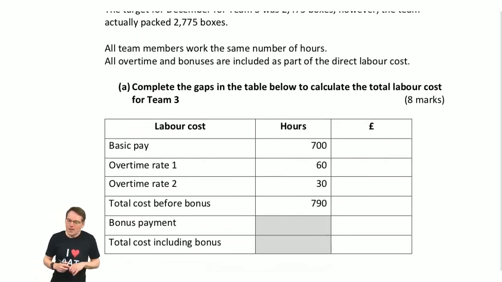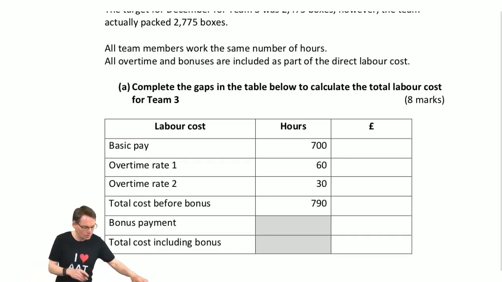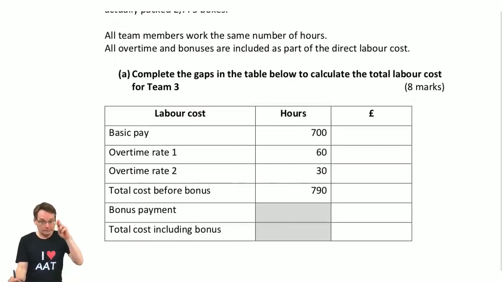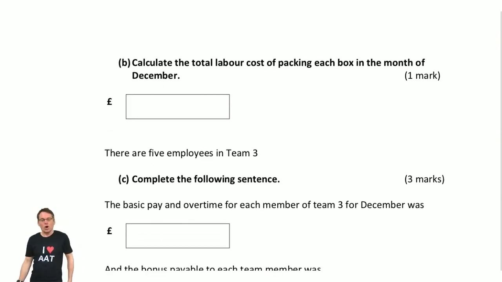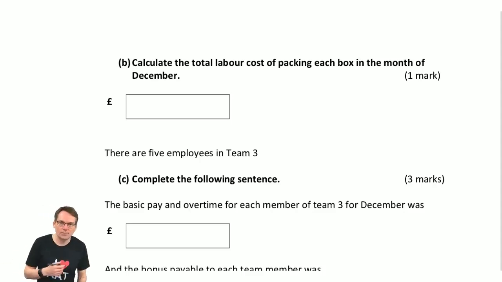First of all, we need to complete some gaps in a table. We need to calculate the total labour cost. That shouldn't be too difficult. Hopefully, fingers crossed. And then we need to calculate the total labour cost of packing each box.